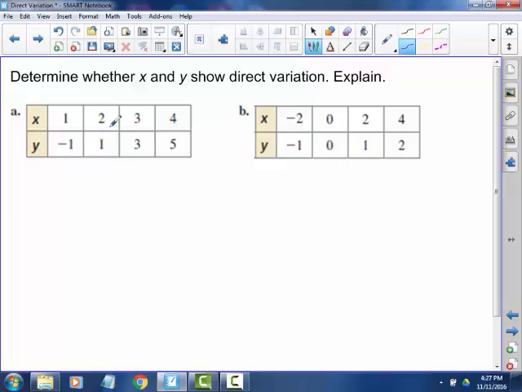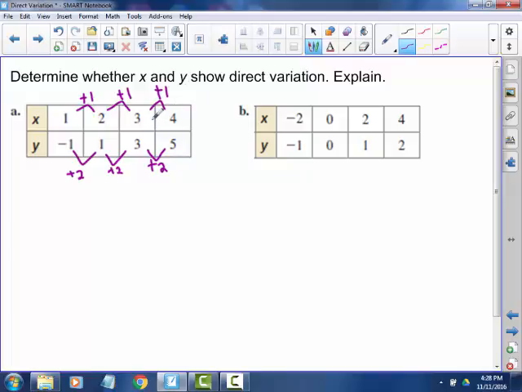What we can do with the table is first look and see, does it have a constant rate of change? So we look here, we went up 1, went up 1, went up 1, and here we went up 2, and up 2. So we have the constant rate of change.